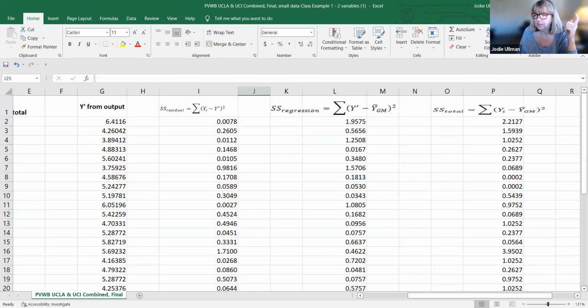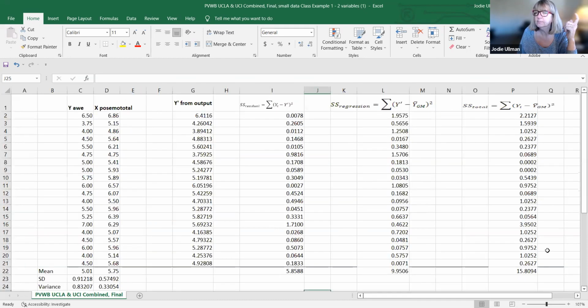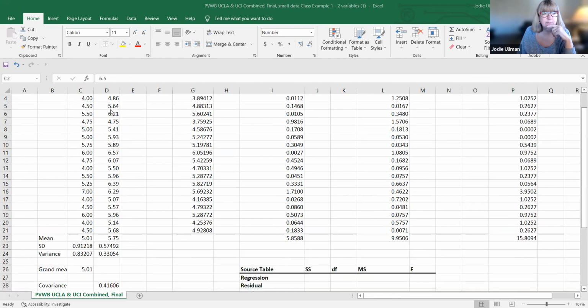And then let me shrink this back down. And the way we did that was, I have to keep moving them around here. So we have a person score. So we have the 6.5 minus the mean.